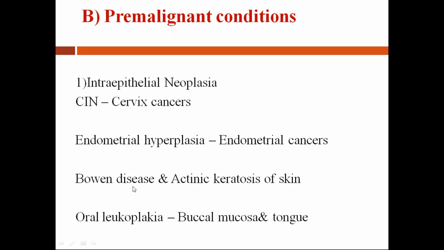One condition I didn't mention here: a pre-malignant condition of the skin where the DNA repair gene is defective. What is that condition? The nucleotide excision repair gene is defective. You remember? Xeroderma pigmentosum. Okay.